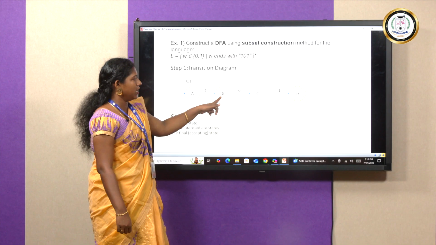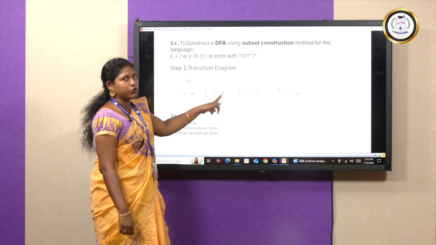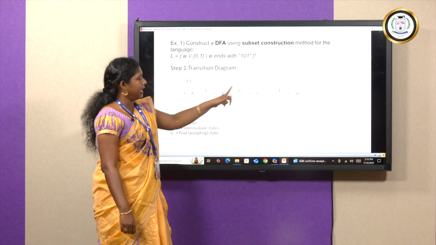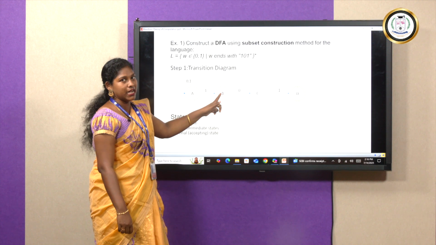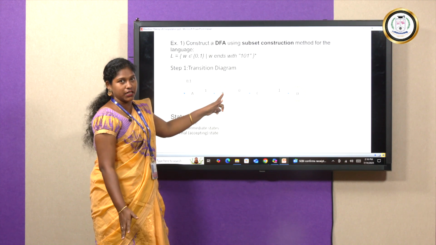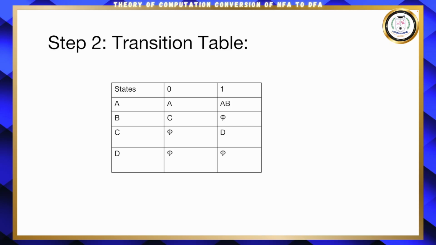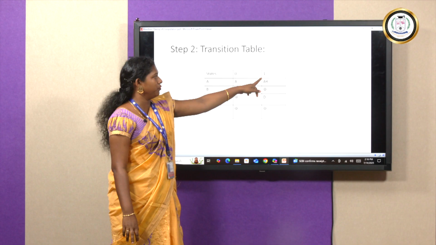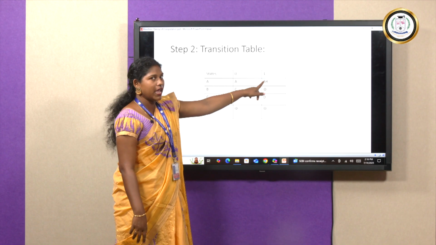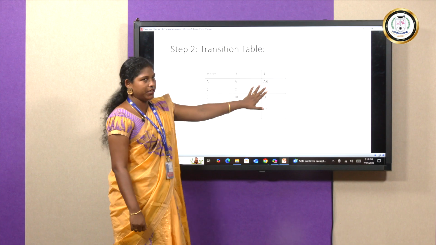So check for B. From B, if you get 0 as an input, it goes to C. And in B, if you get 1 as an input, nothing goes anywhere. There is no transition, so you have to put empty. So from A, on 0 it goes to A; on 1 it goes to A and also B, so I have mentioned AB here.